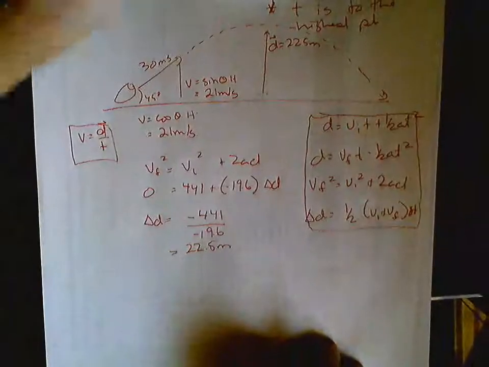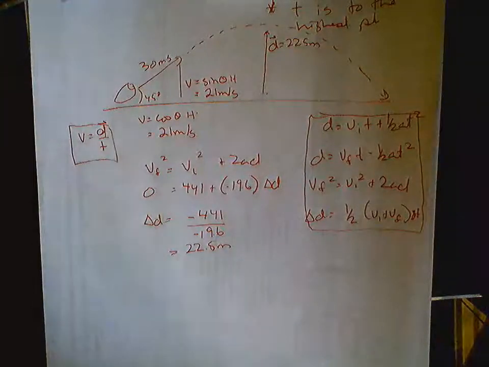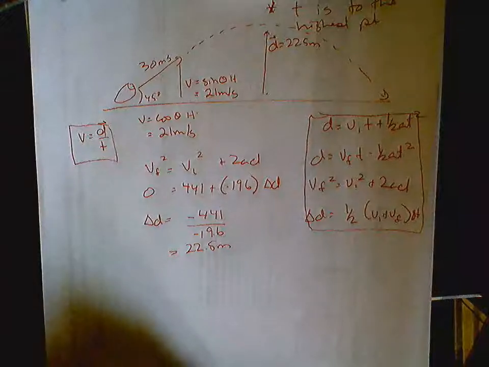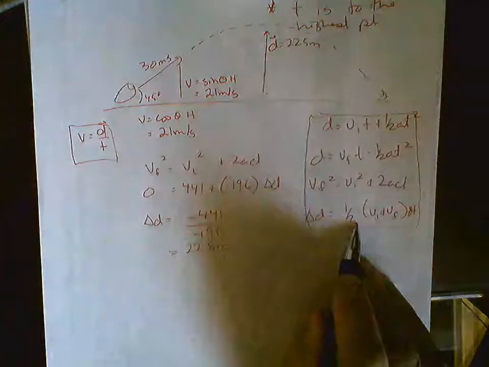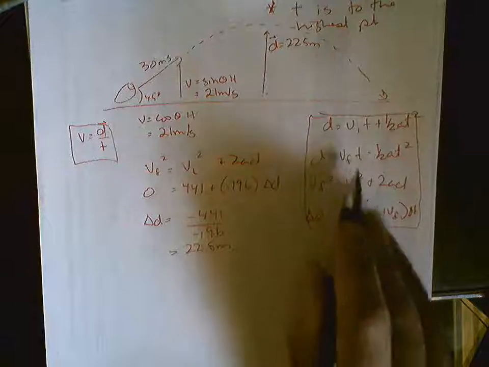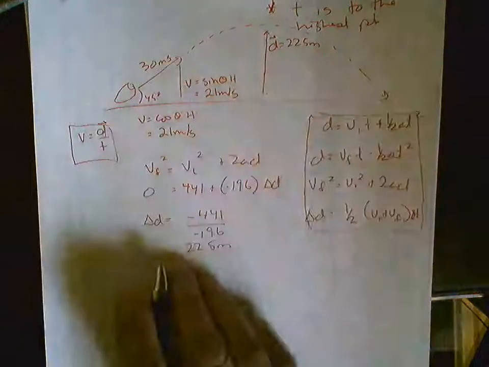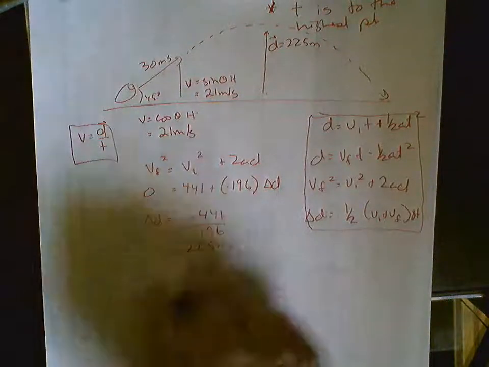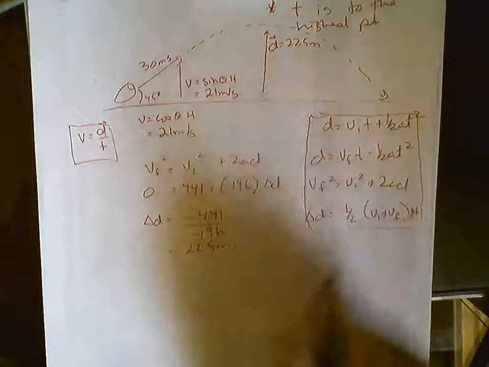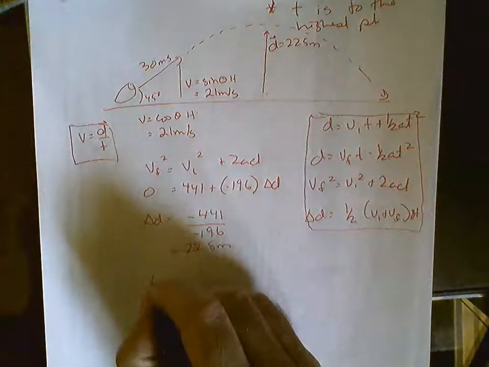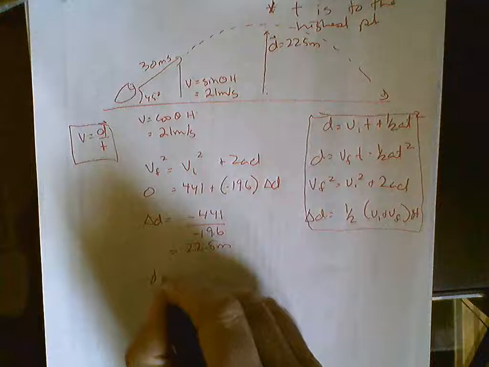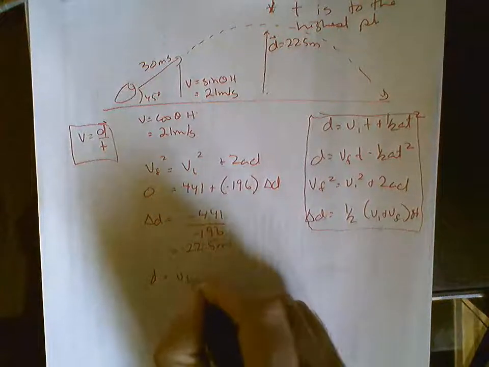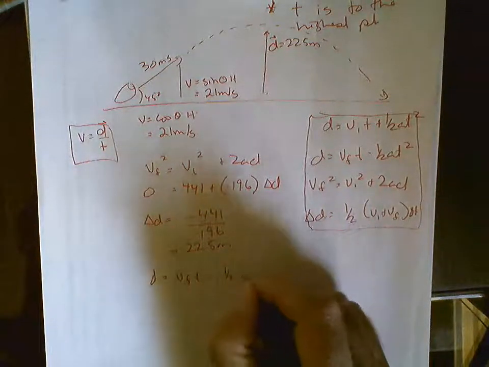Now the next piece of information I could come up with is the amount of time that this was in the air. I'm going to choose to use this formula here. If you use these ones here, you may end up with a quadratic. Actually, let's try this formula right here: d equals VfT minus half AT squared.